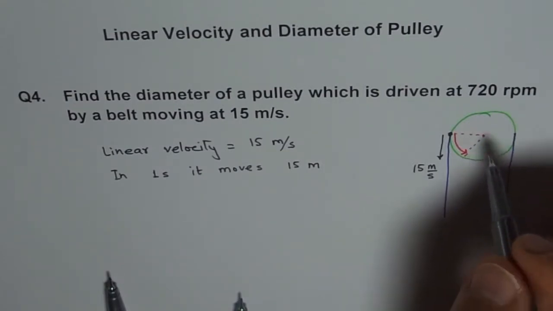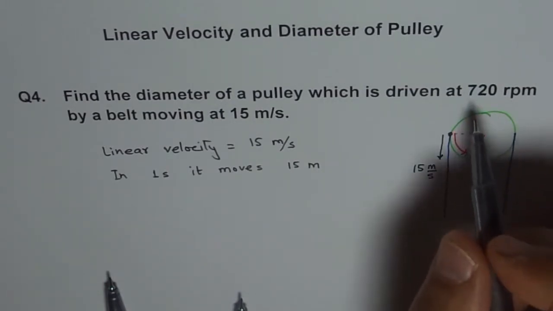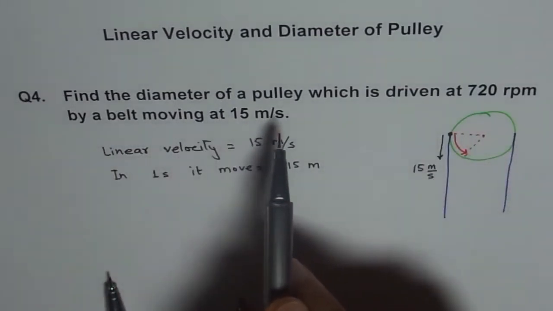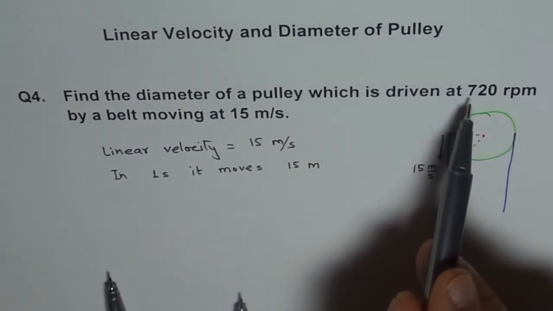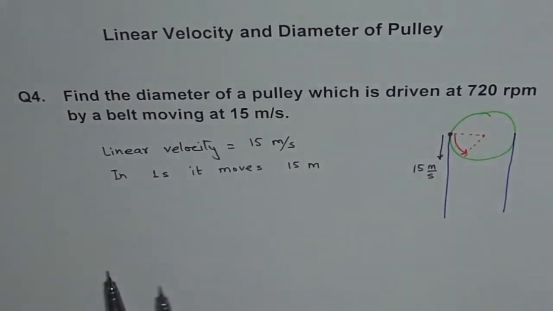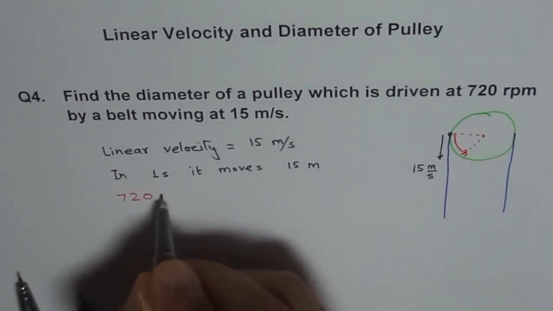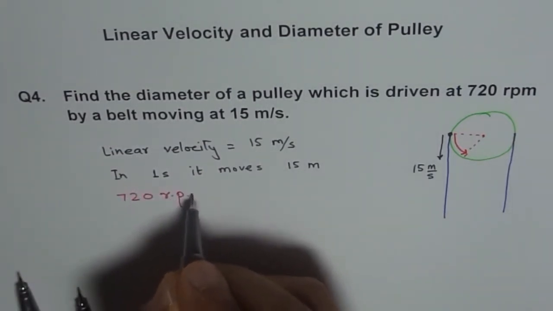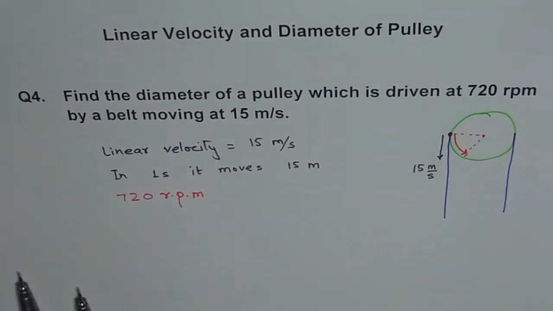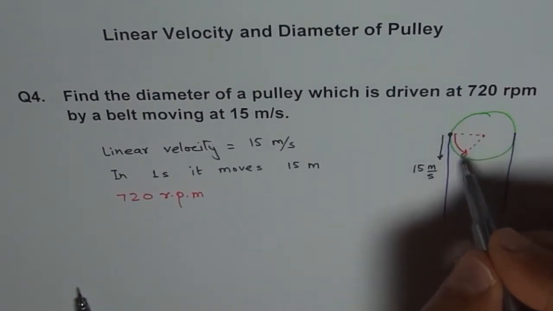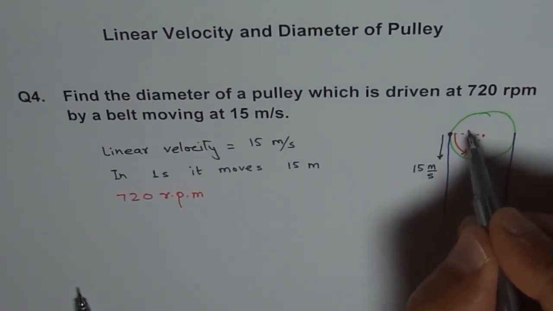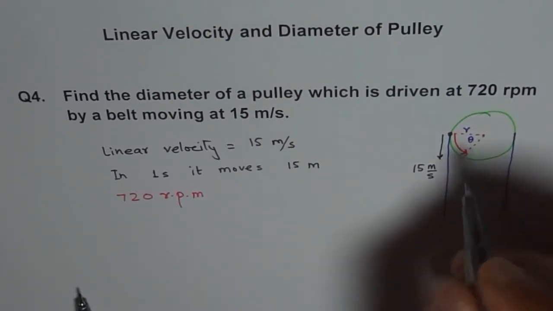Now let's look into this part. It says the diameter of the pulley is to be found when it's driven at 720 revolutions per minute. Now 720 revolutions per minute, we should convert that to radians, so that we know arc length a, we know r from here, and if we know theta, we know a.